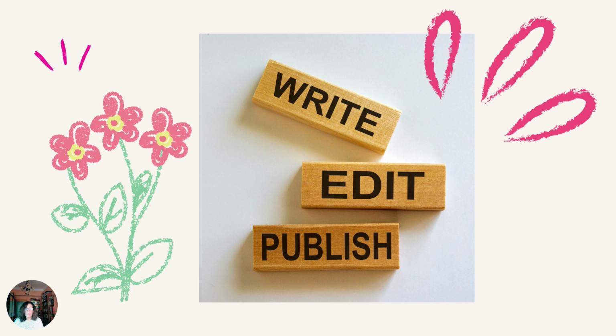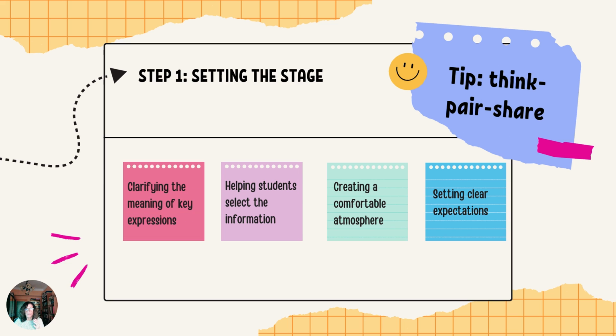Now, how do we implement this approach in the classroom? Let's see. First of all, we need to sort of, let's say, set the stage. Start by encouraging students to work in pairs or in small groups. Groups of three, I wouldn't say larger groups because if you have a larger group, there is a lot of distraction involved.